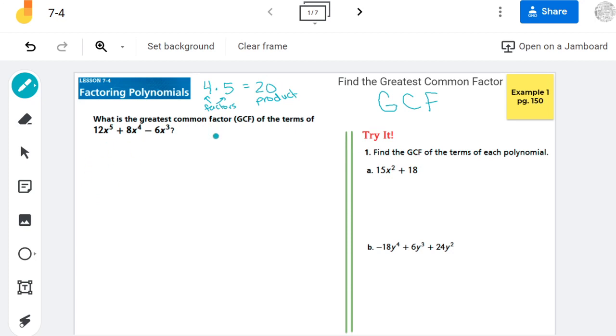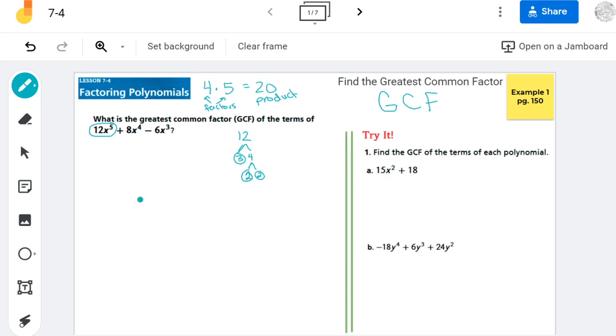The way that we start is we're going to be doing some factor trees. I'm going to start here with the 12x to the 5th. You guys probably remember factor trees from middle school, or maybe even elementary. So 12 is 3 times 4, and 4 is 2 times 2.